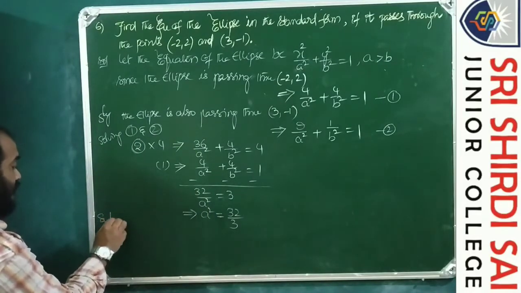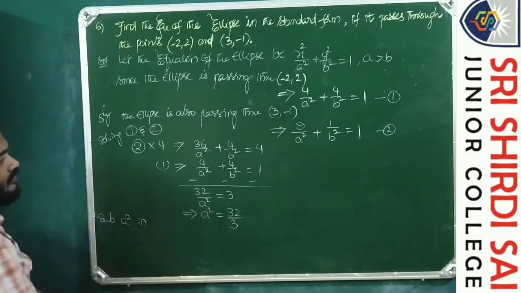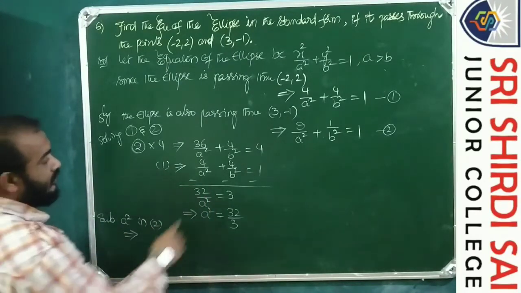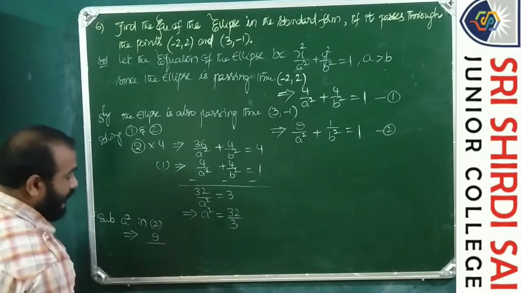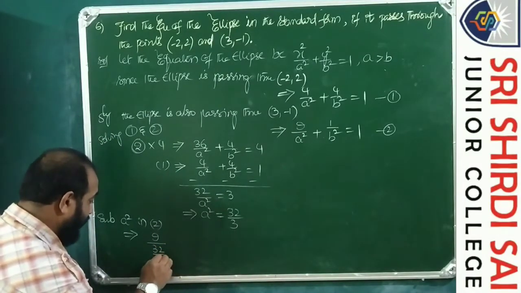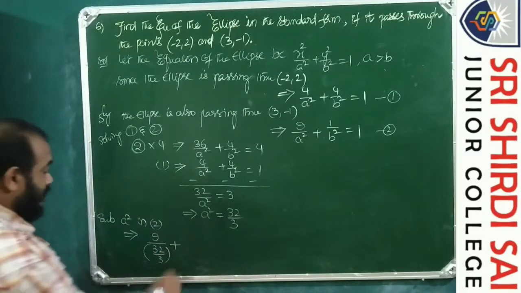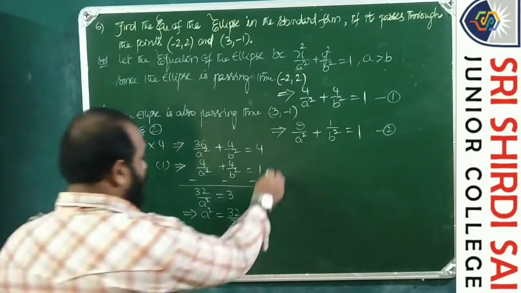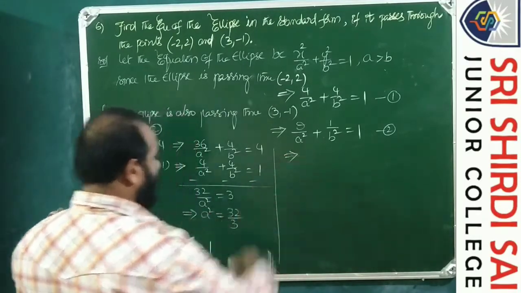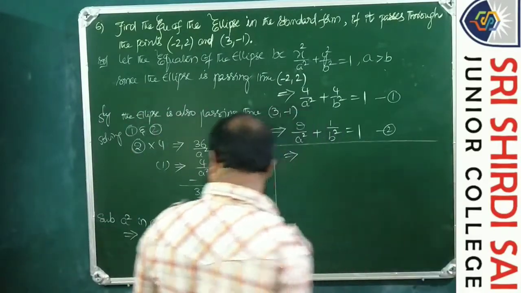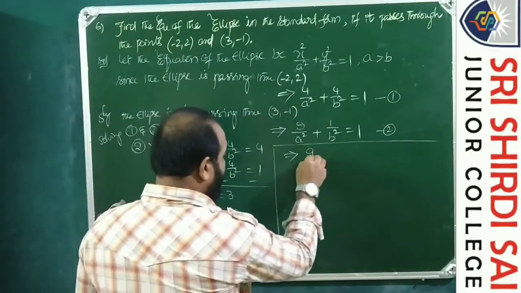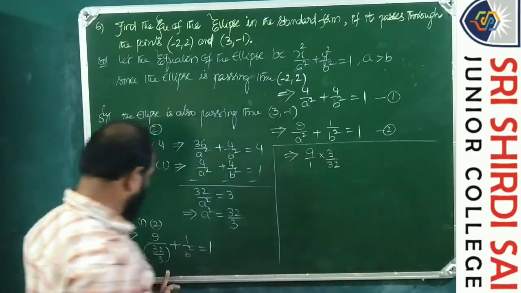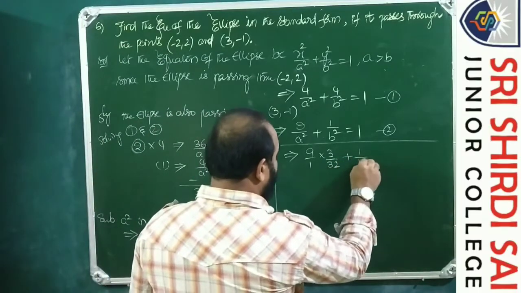Substituting a square in the second equation, we get 9 by a square, which is 9 into 3 by 32, plus 1 by b square equals 1.